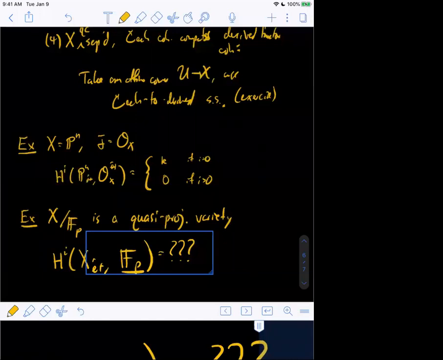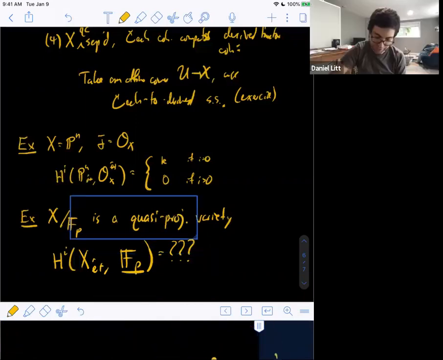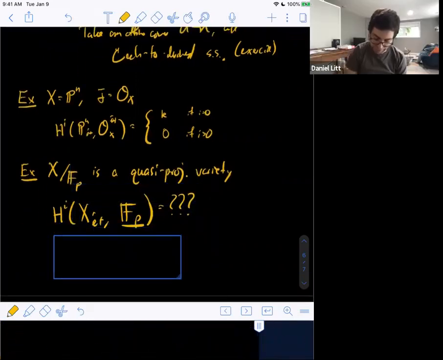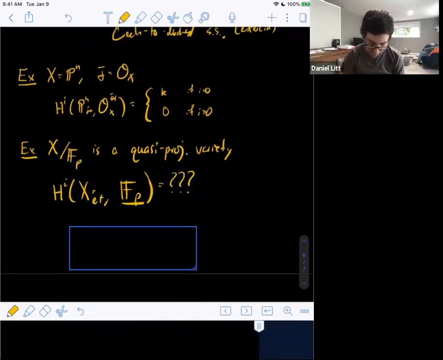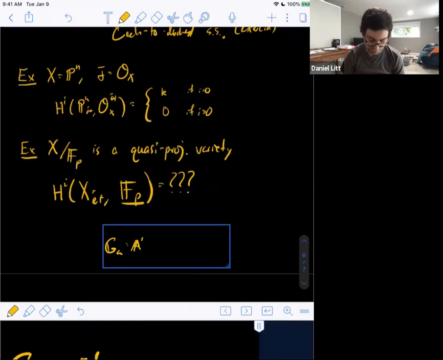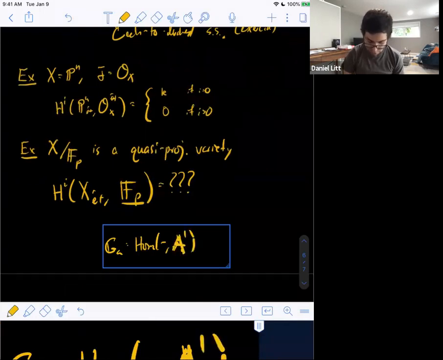Can we do some kind of Frobenius? Yeah, you can do some kind of Frobenius. So let's look at the map from G_a. G_a here is just A^1, right? It's like maps into A^1. Sorry, I just spilled a bit of coffee on my iPad and now I can't write on it.